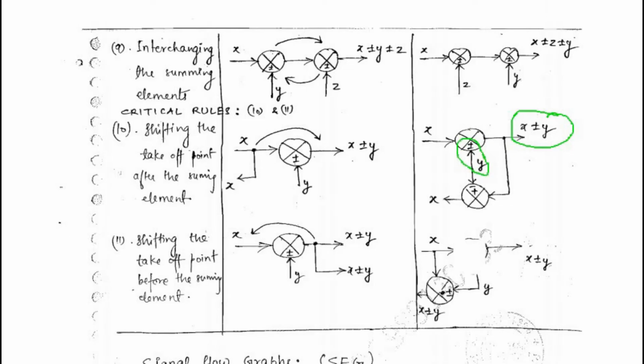Your output should be x, so x plus y should be over here. Now my output, in the previous it is x, so it should be x. But if I am neglecting this, I will represent it with another gain.